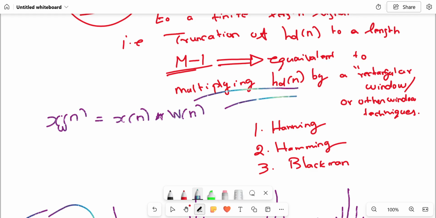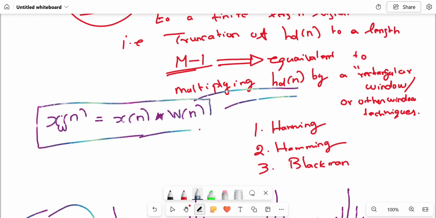Normally the rectangular window function is used to produce the window sequence. The window sequence x of n is generated by multiplying the signal x of n and the window function w of n.